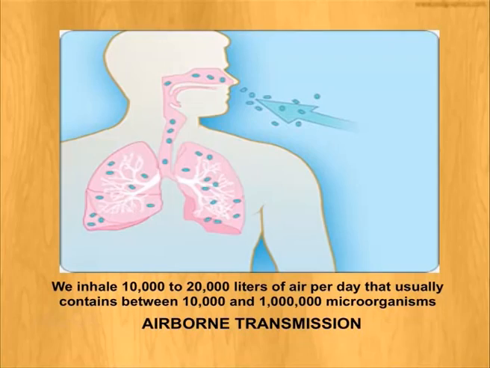Actually, we see that air behaves as a very good medium for transmission. We inhale approximately 10,000 to 20,000 liters of air per day, which may contain between 10,000 and 10 lakh microorganisms. Some of them can be very pathogenic.